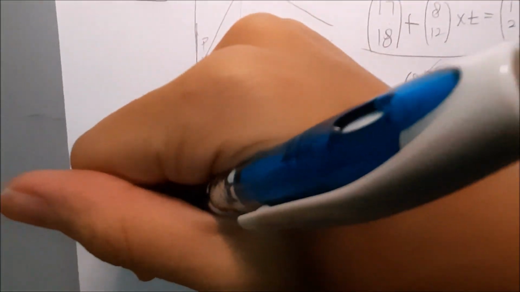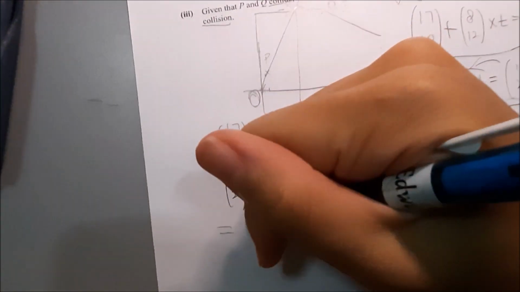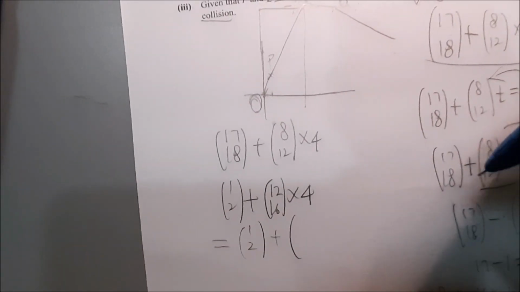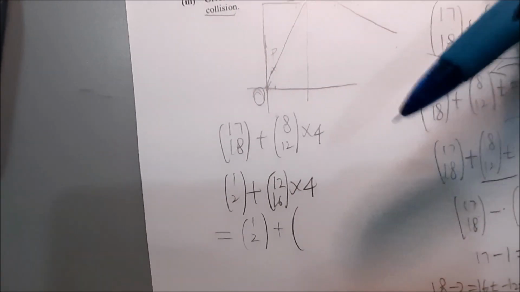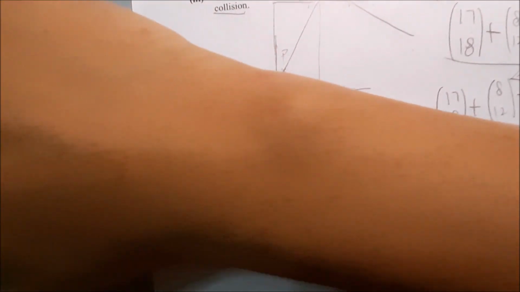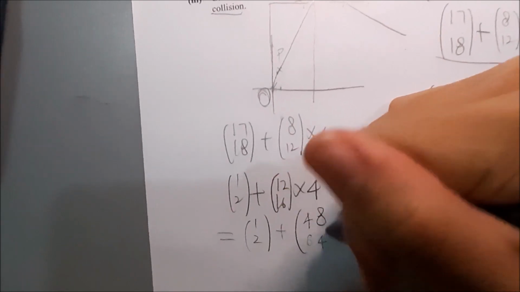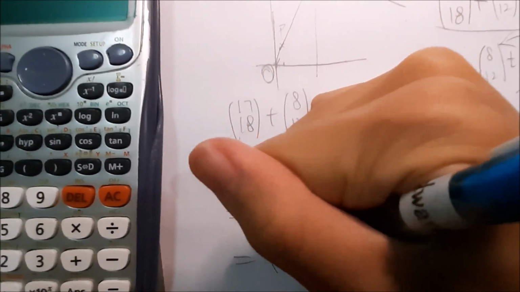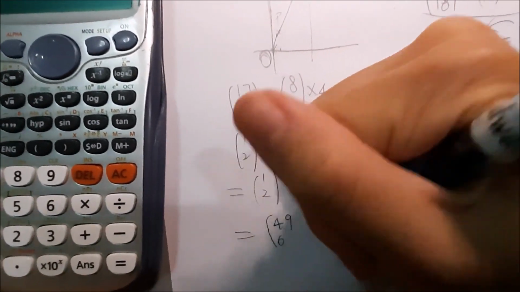So if you simplify this, it'll be (1, 2) plus 12 times 4, which is 48, and 16 times 4 is 64. So it's (49, 66).